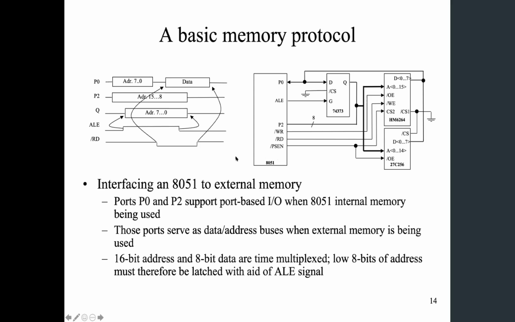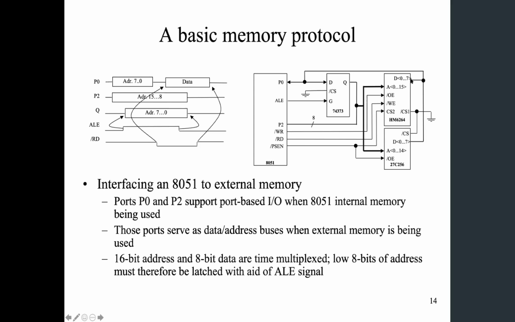And that's not the end of the story, because when you supply the memory address, you want to read data. We're reading data from one of the addresses, depending on which one we select. We can select by using this PSEN here.